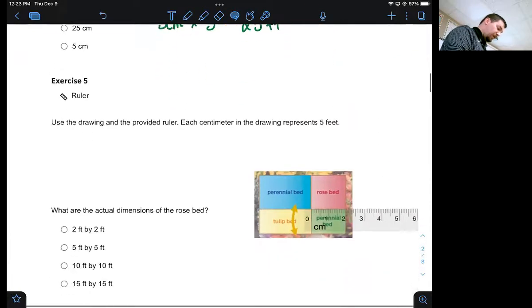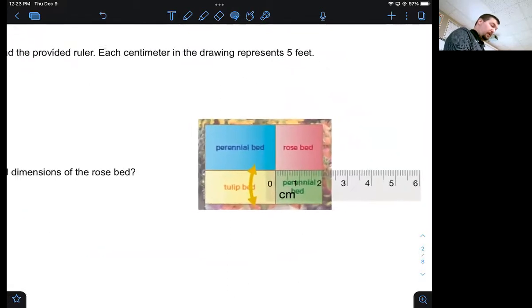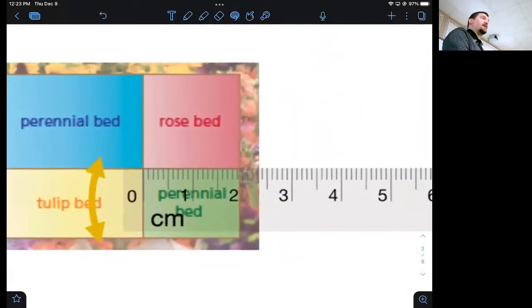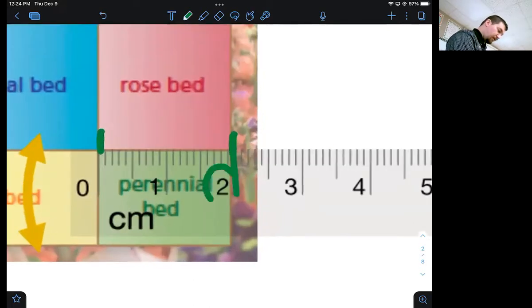Number 5, it wants to know the actual dimensions of the rose bed, which is a particular part of the flower garden. The rose bed is in the shape of a square. According to our ruler, what's the length of the square? Aaliyah? We're going from here to here. And so that little mark right there would just be 2, exactly.